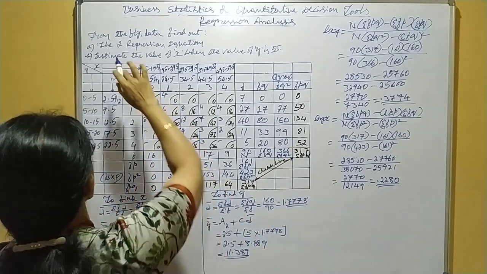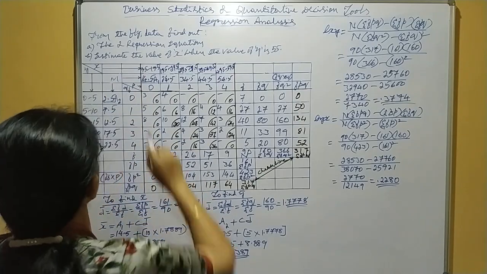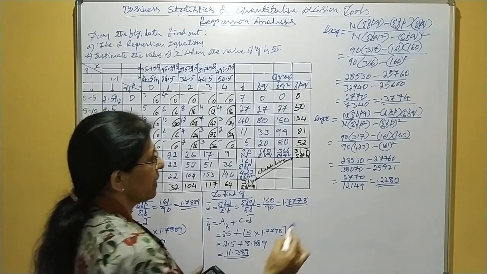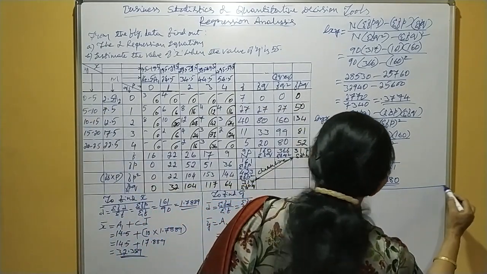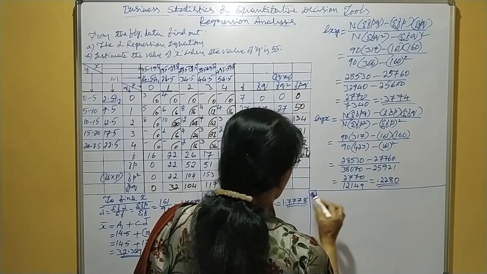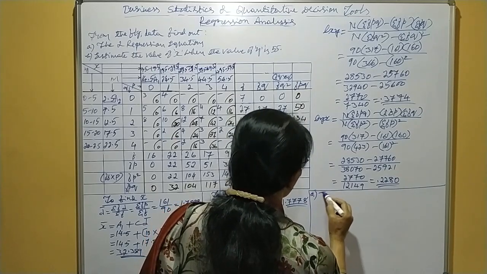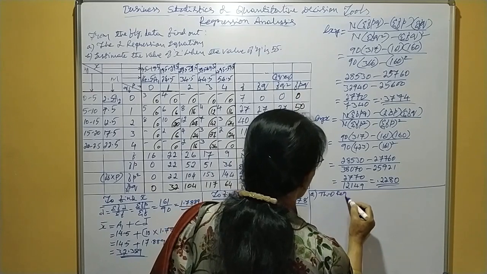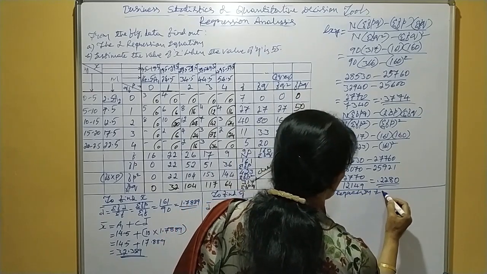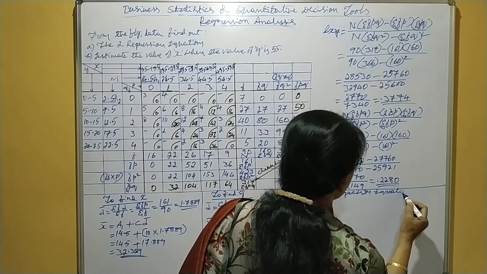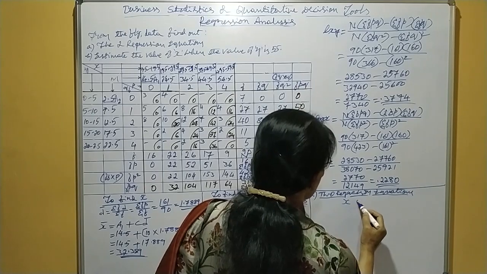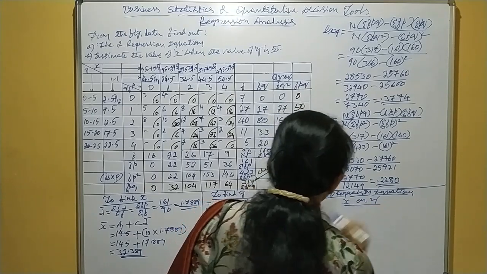Now let us take the questions one by one. Here it is the two regression equations. Take the first question: A, two regression equations. Now the first one is x on y, isn't it?